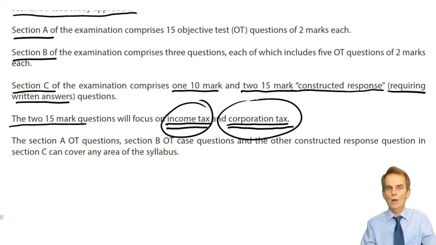Things go wrong in the economy, but it's still your loss. So if HMRC will tax us on profits, they've got to give us relief for losses. And that area, corporate tax losses, is an area that, again, would give itself over to the majority of a 15-mark corporate tax question. So we are definitely going to see an income tax and a corporation tax 15-mark question.